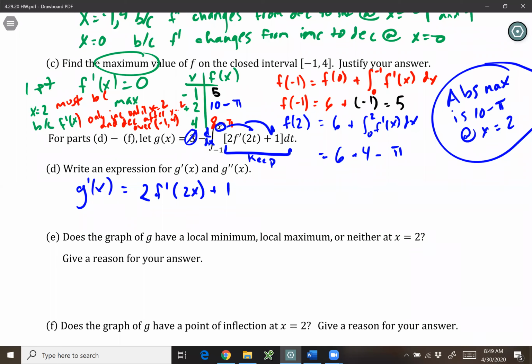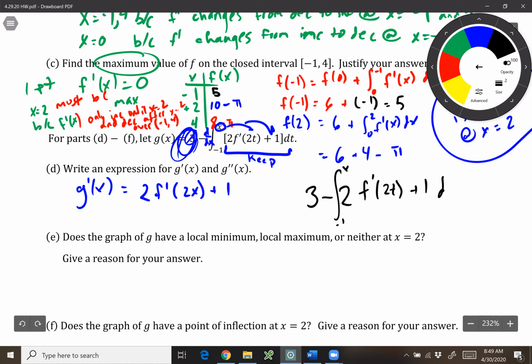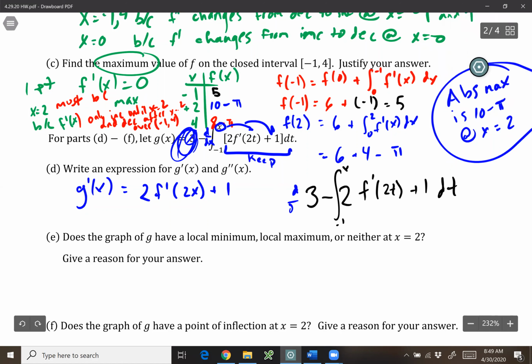We're not taking its derivative, we're keeping it the same. I saw when some of you guys turned this in, you removed that 1. We're not taking the derivative of the 1. We're taking the derivative of the 3 because it's outside the integral. So essentially, if we wrote 3 minus the integral from -1 to x of 2f prime of 2t plus 1 dt, what you would write is that we're taking the derivative of 3 and we're taking the derivative of the integral.